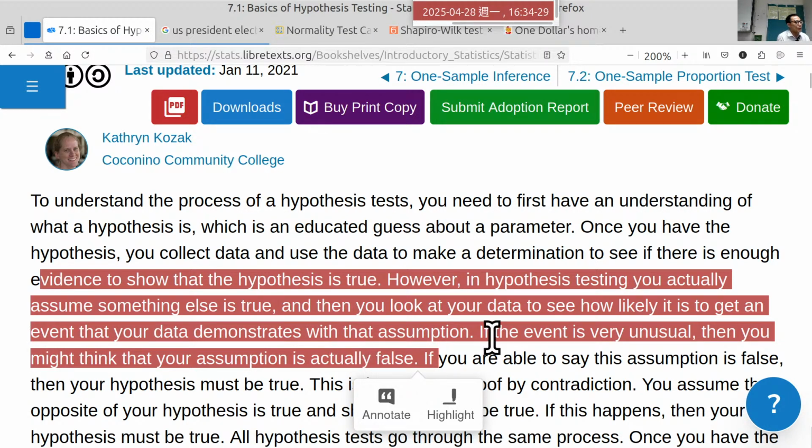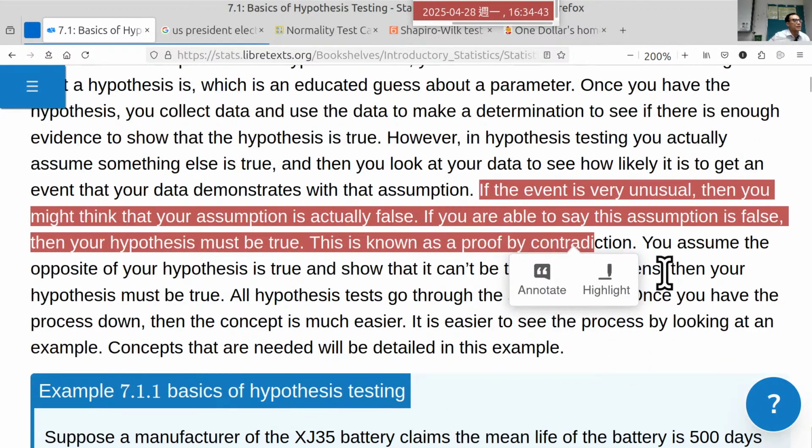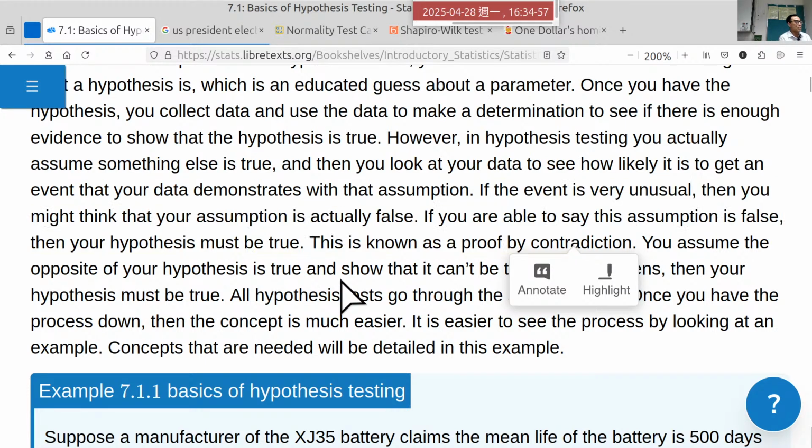And then you look at your data to see how likely it is to get an event that your data demonstrates under the assumption. If the event is very unusual, then you might think that your assumption is actually false. If you are able to say this assumption is false, then your hypothesis must be true.